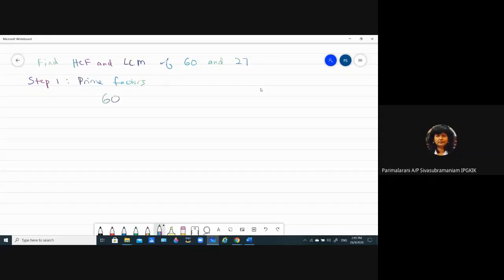So I want to find the factors of 60. 60, I can break it down to 10 and 6. 10 will be 2 and 5. 6 will be 2 and 3. So the factors for 60 are 2 times 2 times 3 times 5. And then I have 27. 27 is 9 times 3, so 9 will be 3, 3, and this is 3.